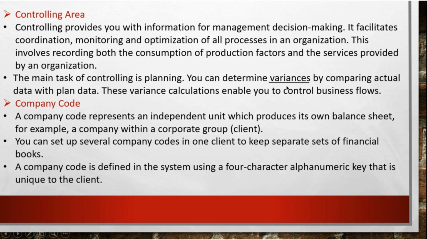You can determine variances by comparing actual data with planned data. These variance calculations enable you to control business flow. The controlling part is totally taken care of by the financial and controlling team, the controlling consultants. So don't worry about this. Those people look after these things.